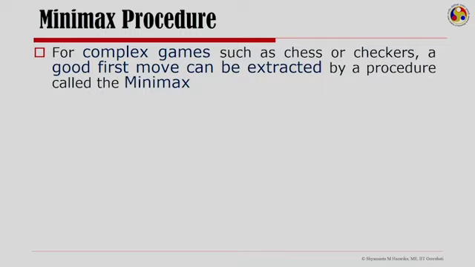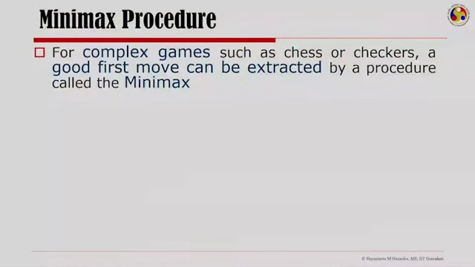And this is what we will deal with in the next lecture, where we will be talking of a procedure called the minimax procedure. So, for complex games such as chess or checkers, we have been emphasizing that it is not possible to extract the best move. So, a good first move is all that I can extract, and this I do by a procedure called minimax.